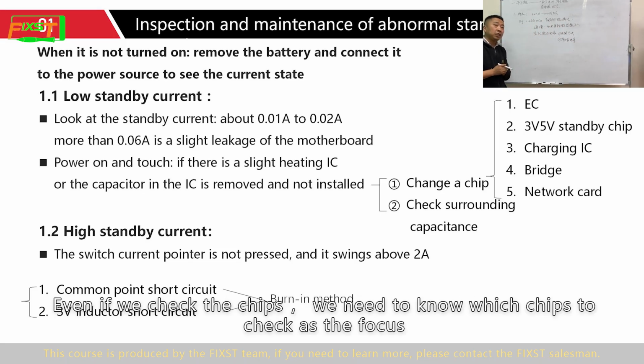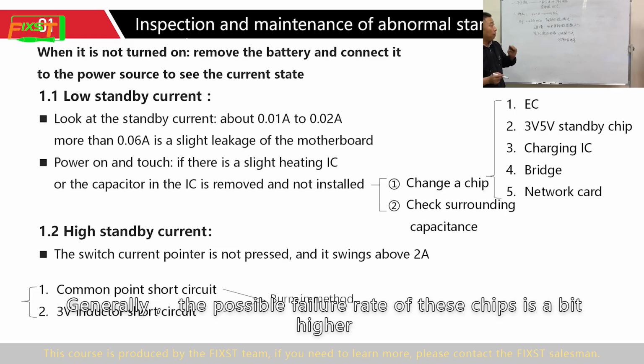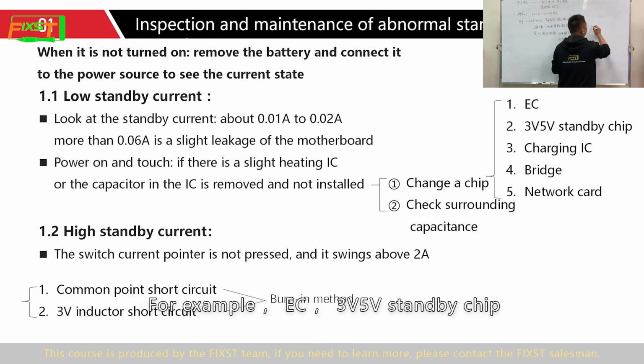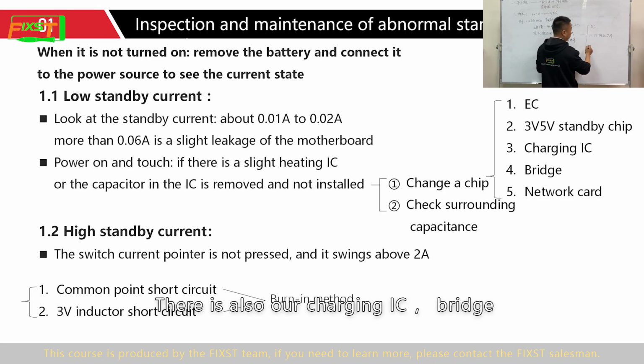Even if we check the chips, we need to know which chips to check as a focus. Generally, the possible failure rate of this chip is a little bit high. For example, EC, 3V, 5V standby chip. There is also our charging IC bridge.